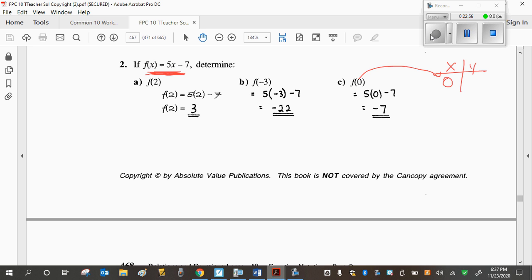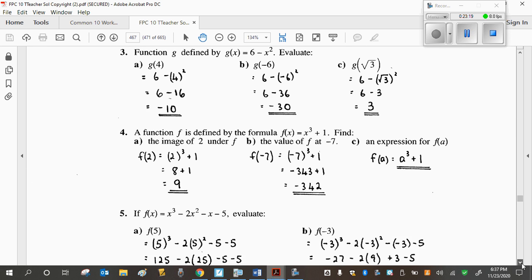Y equals, remember y means f of x, 5x subtract 7. So it's very similar to table of values, and not too much trick on this one. Let's go to number 5B. Good job, everybody.